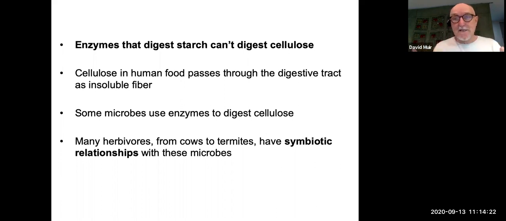The microbes digest the cellulose in a safe, warm environment, and the animal derives the benefit of the products of the digested cellulose. A very complex process. This living together of an animal with another organism to both their benefits is a symbiotic relationship. That means living together. It's a symbiotic relationship.